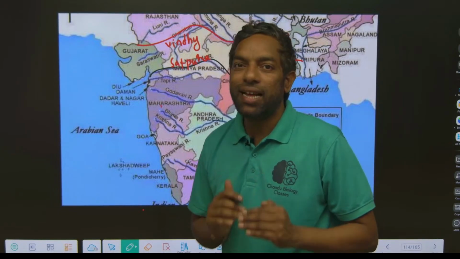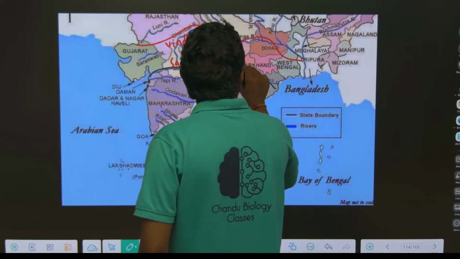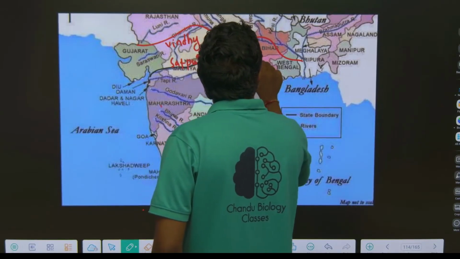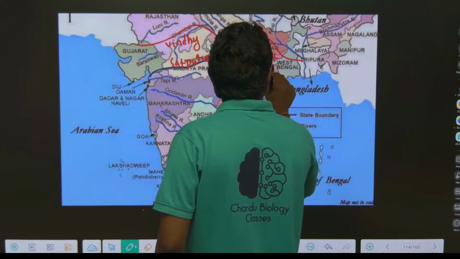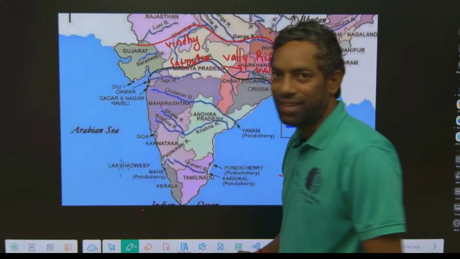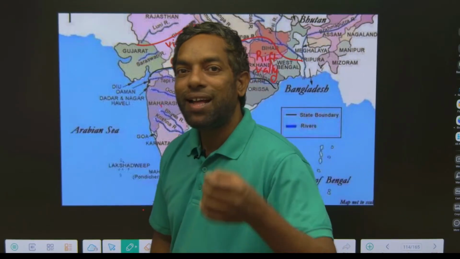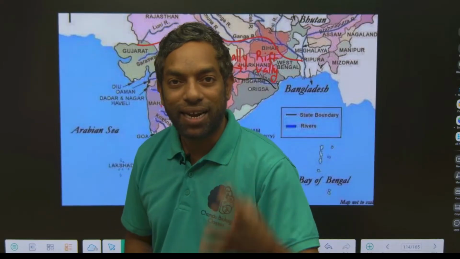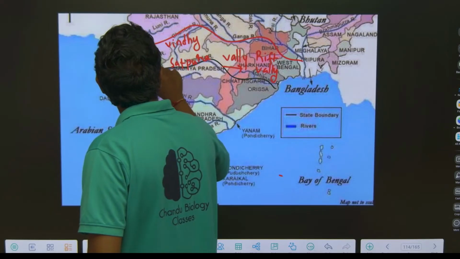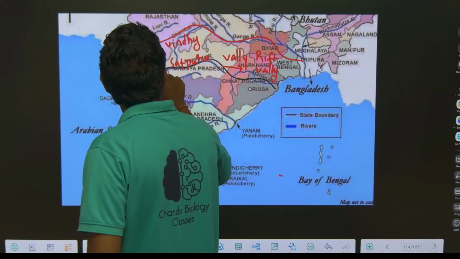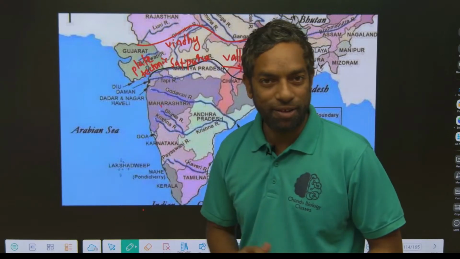So this area is mostly the valley. That valley is the Rift Valley. The Rift Valley is developed by plate tectonic activity.